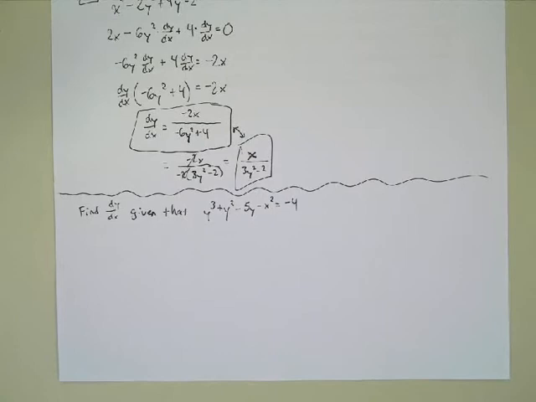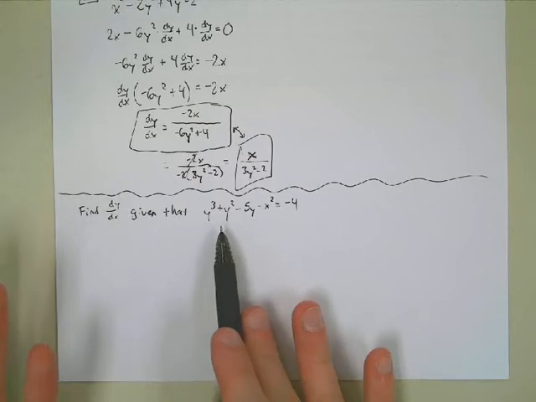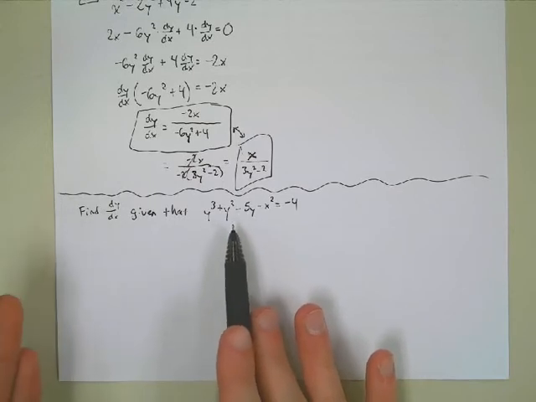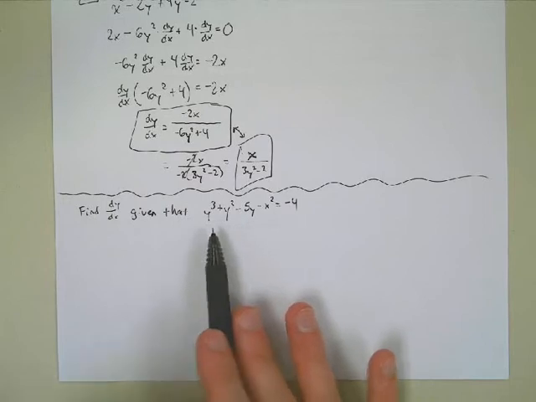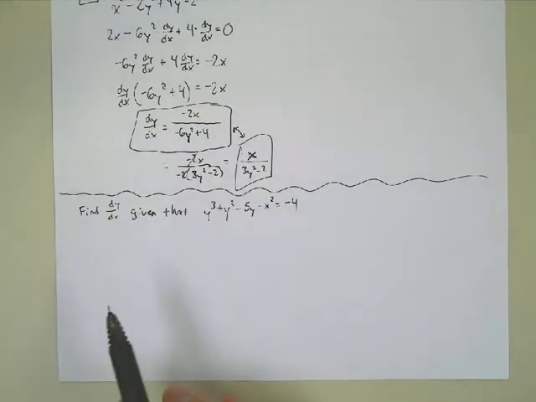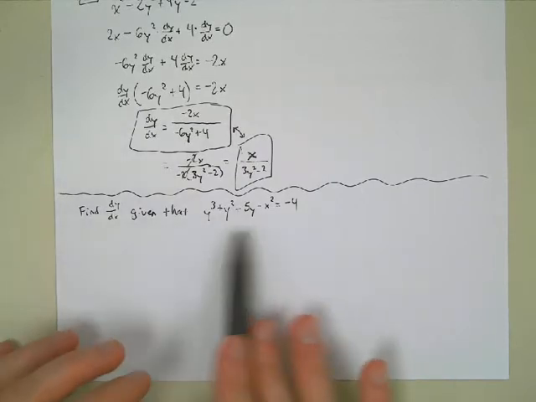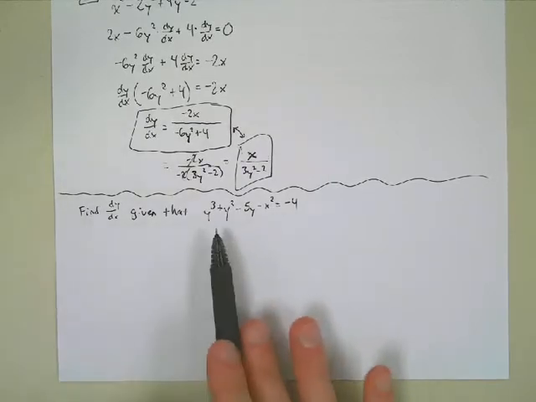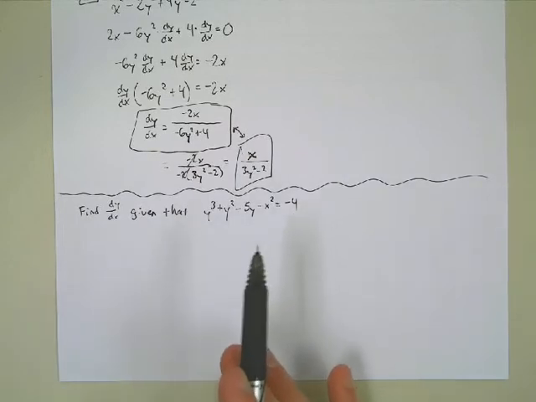X and y are all mixed up here. You can see there's really no way that we're going to be able to solve for y by itself. We would have to add the x squared over, and then factor out a y, but then we divide the y's over, and we still have x and y's all mixed up, which would then require us to use a quotient rule and stuff. So we want to take the derivative as is currently written. It's going to be much nicer to do it this way than if we try to solve this for y and then take the derivative implicitly, because we'll have all sorts of rough stuff going on. This is the best way to go from here.